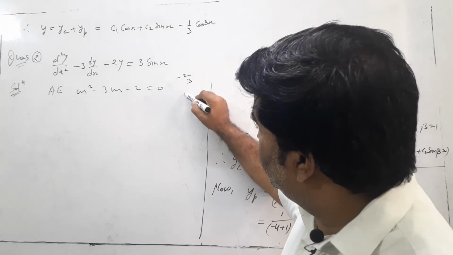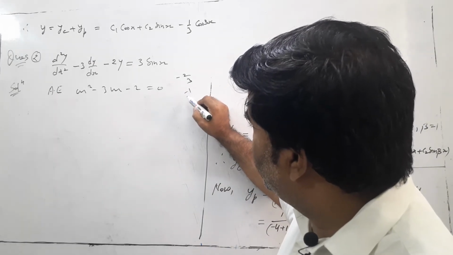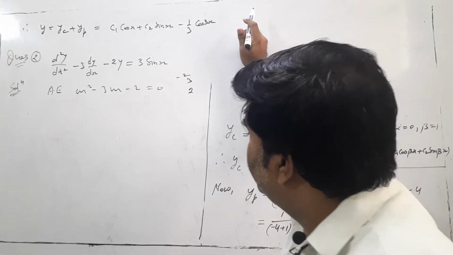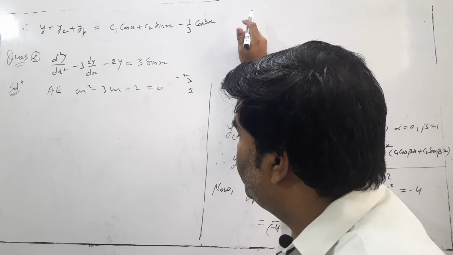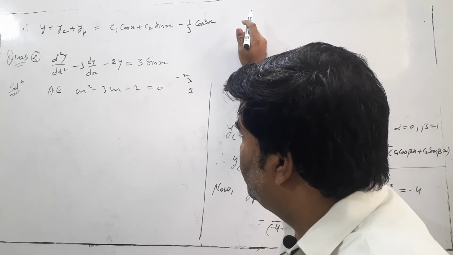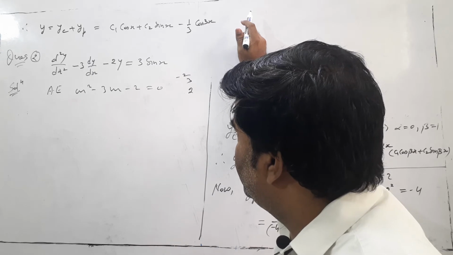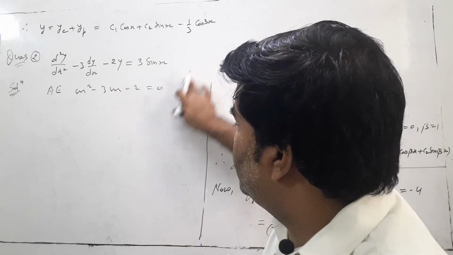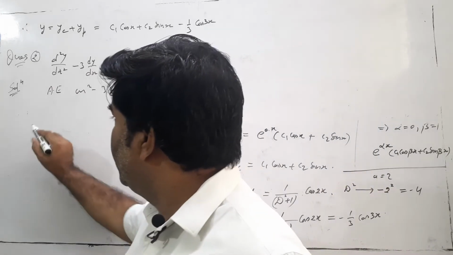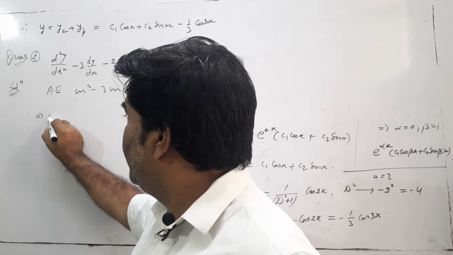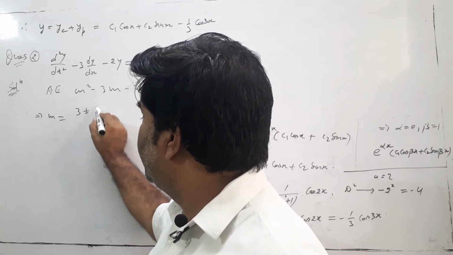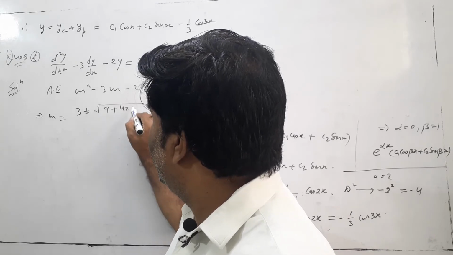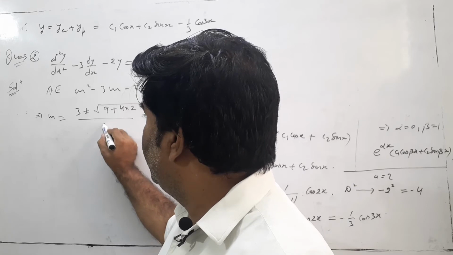Here we can solve this by the quadratic formula. This gives us m is equal to (3 plus minus under root b square minus 4ac) upon 2a.